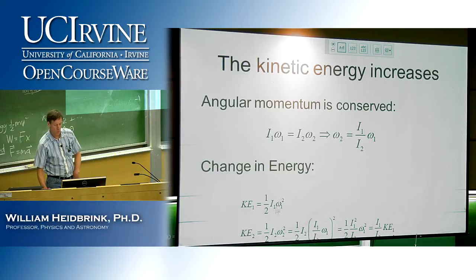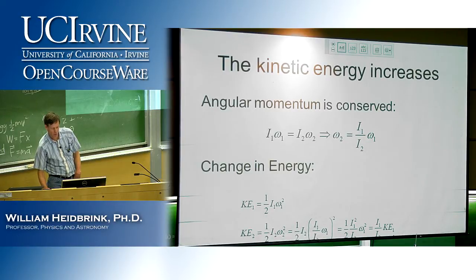Now, how's the change in energy work? Well, you remember that kinetic energy for translation is 1/2 mv squared, so our analogous thing is 1/2 I omega squared. Here, we can just write down a formula for what the initial kinetic energy is, and then let's compare how much kinetic energy we have after I pull my arms in. That's governed by the same formula. So now what I want to do is use this formula up here, substitute in for omega 2. So I do that.